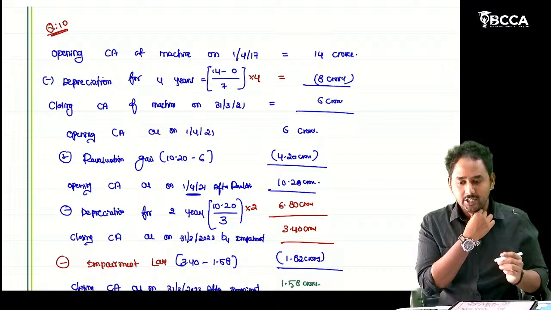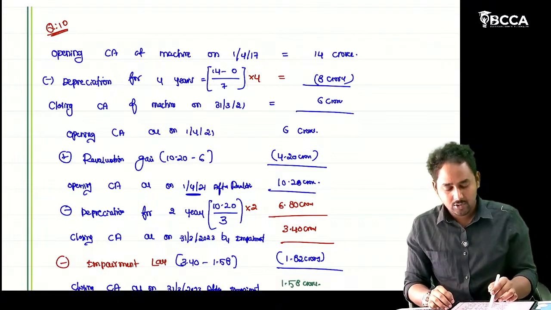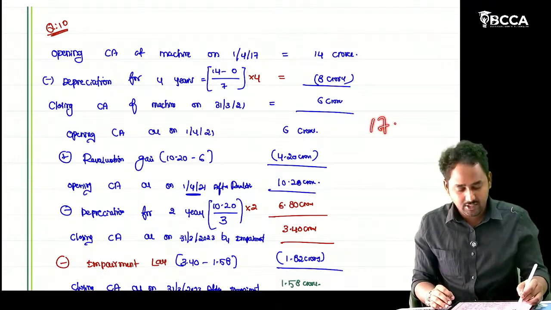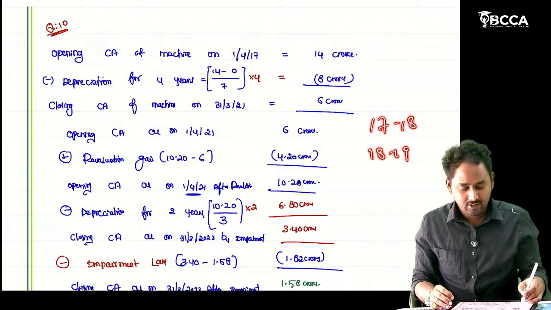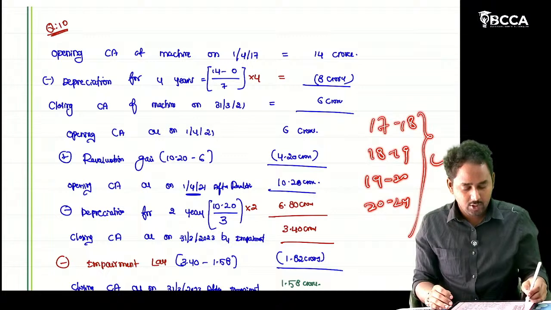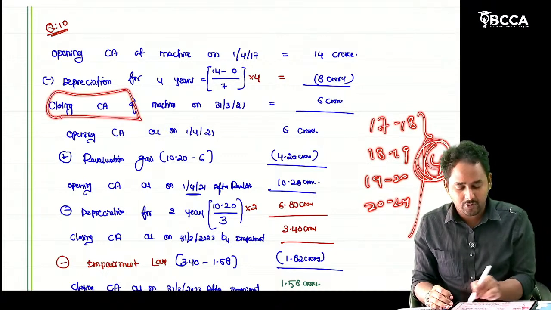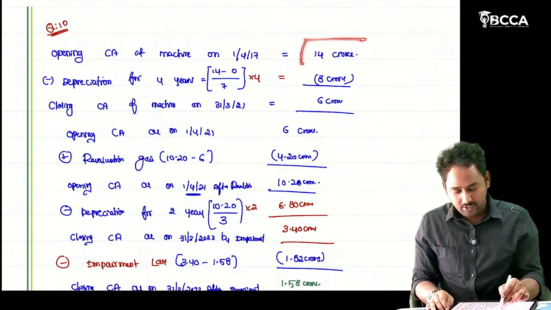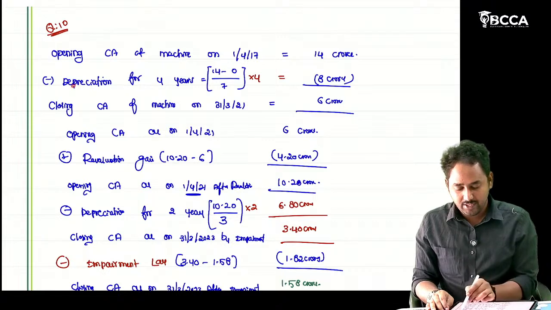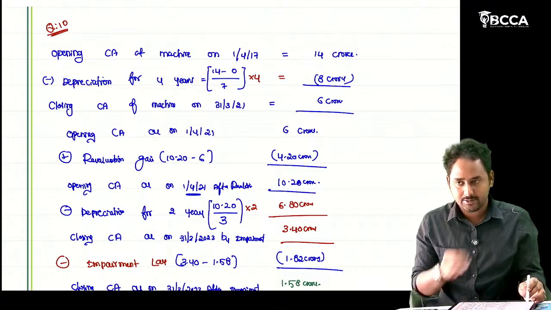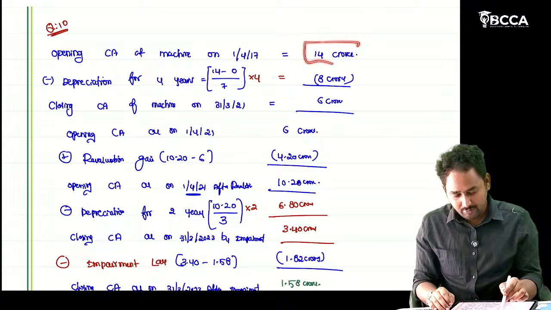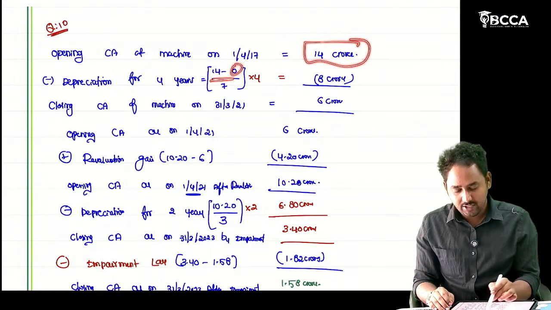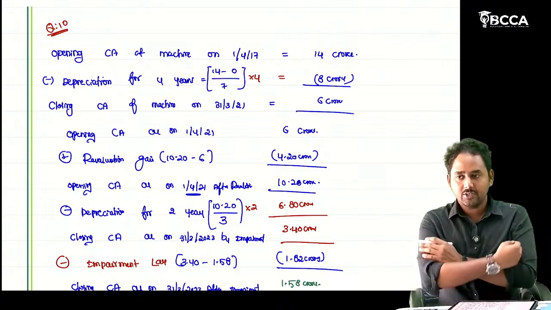So I need to provide 4 years depreciation: 17-18, 18-19, 19-20, 20-21. Opening carrying amount 14 crores minus depreciation for 4 years. What is the depreciation formula?